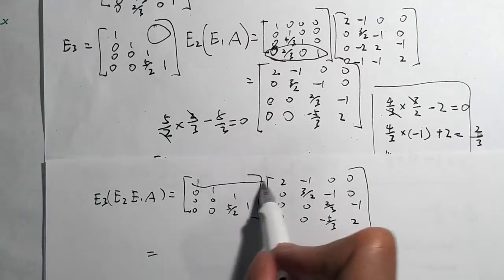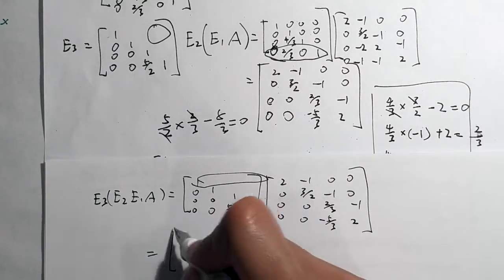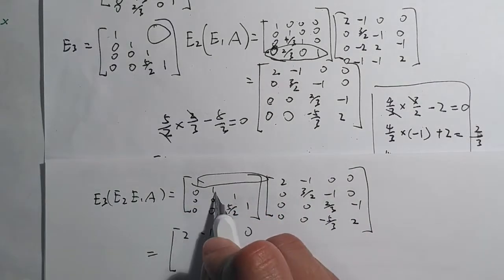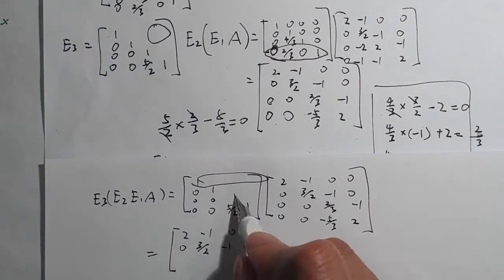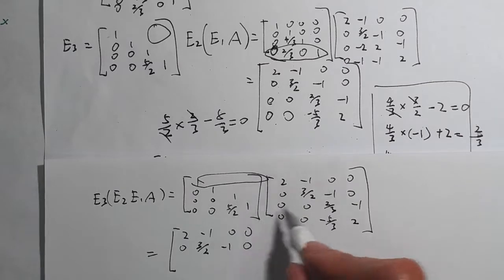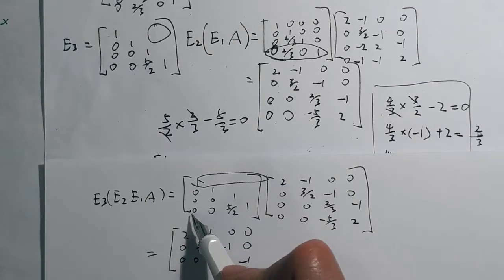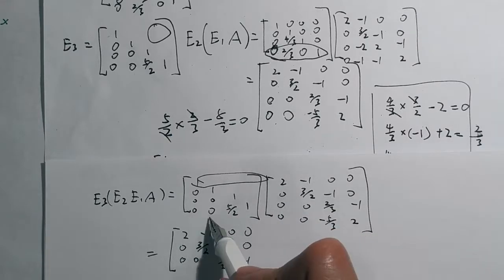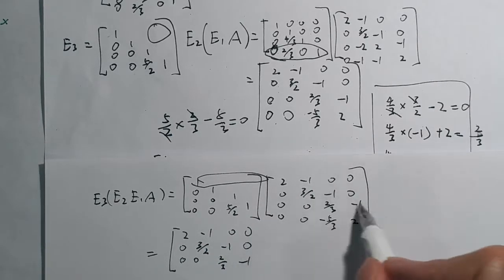So you can see this is 1 and the rest are 0, so basically copy the first row. This is 1, the rest are 0, so copy the second row. This is 1, the rest are 0 as well, so copy the third row. Okay, for the last one, we ignore the first 2 rows because there's 0 multiplying here. Basically, we are focusing on these 2 rows.